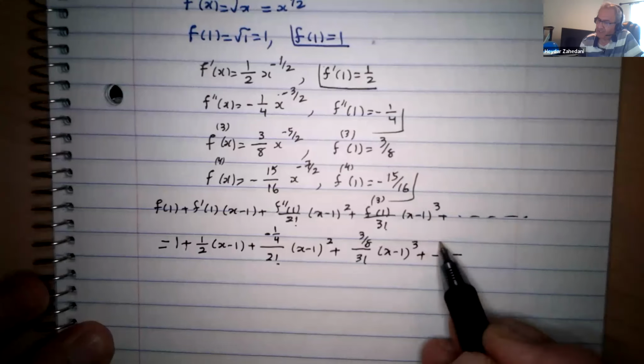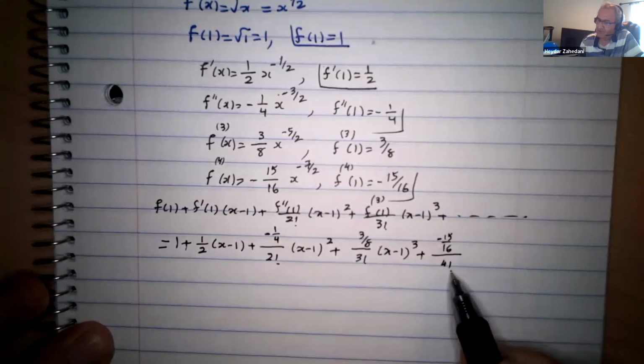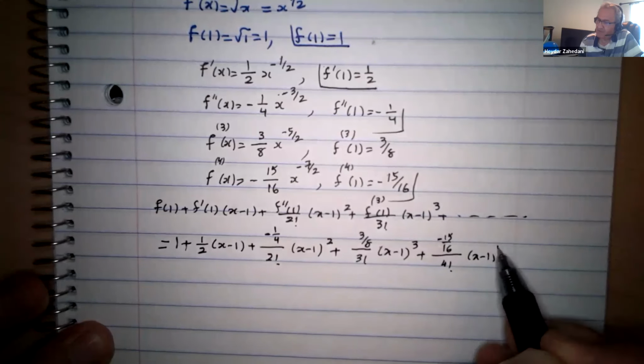The fourth derivative is negative 15 over 16, over 4 factorial, times x minus 1 to the fourth, etc.